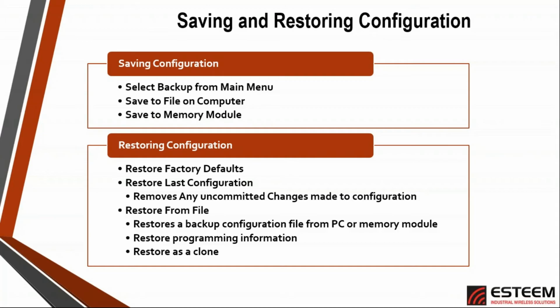You can save it as a file on your computer, or you can save it to the memory module, which you can think of as kind of a SIM module for your cell phone. You can move the memory module from one radio to the next, and that allows you to take the programming from one radio and restore it into the other radio, so it either takes the programming, or you can do what we call cloning.